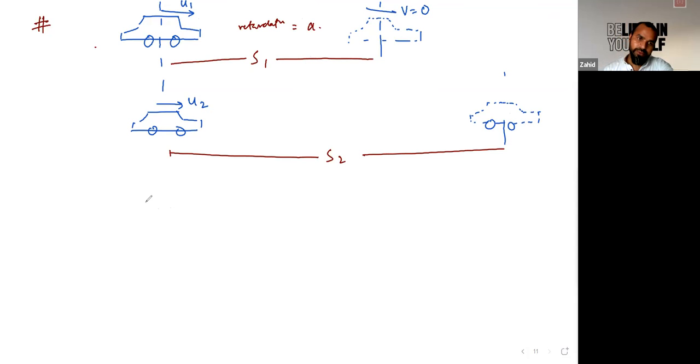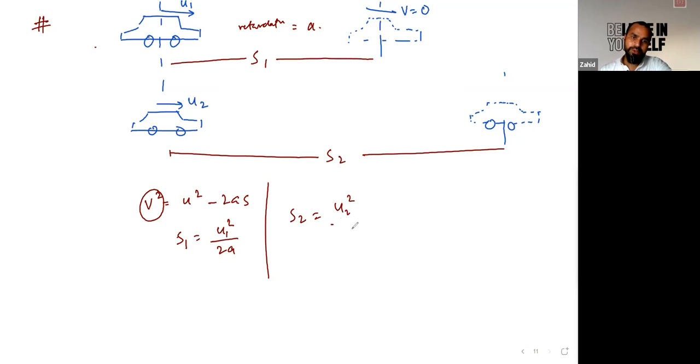Using the third equation of motion, v squared equals u squared minus 2as, as v would be 0, s would be u squared over 2a. Similarly, for the second part, s2 becomes u2 squared over 2a.